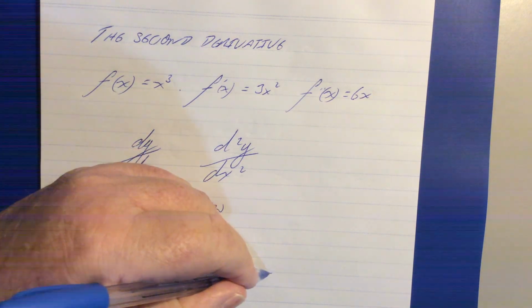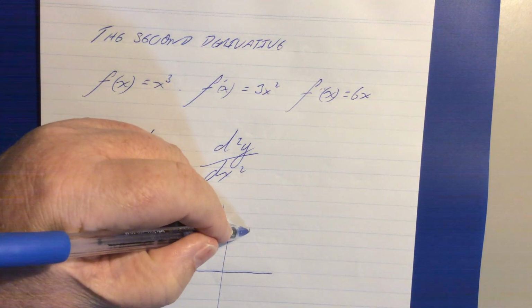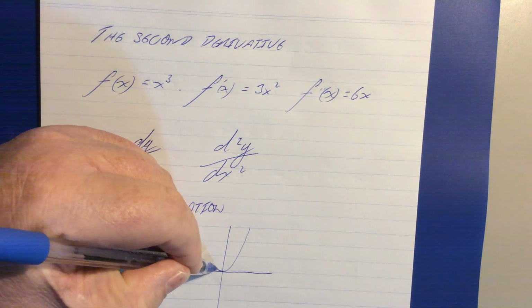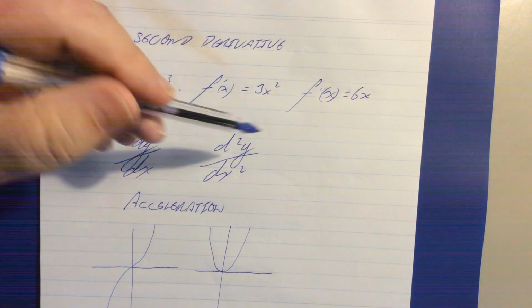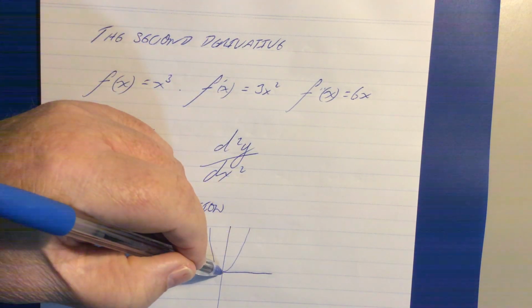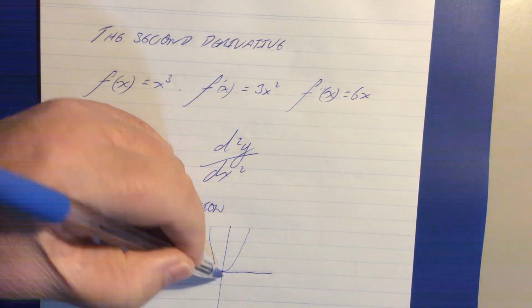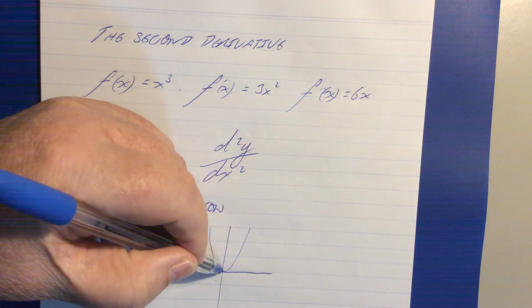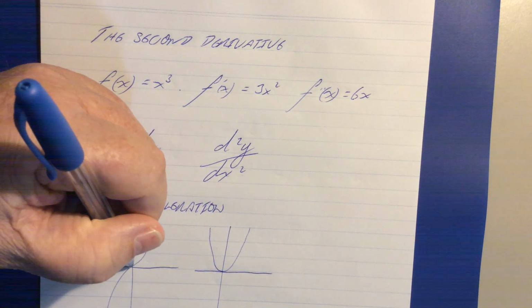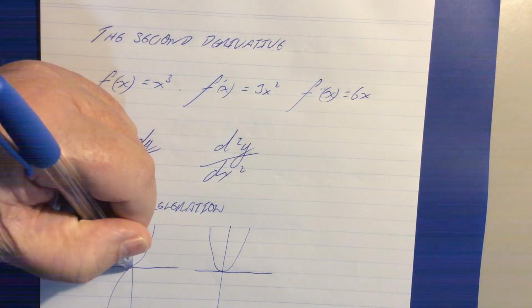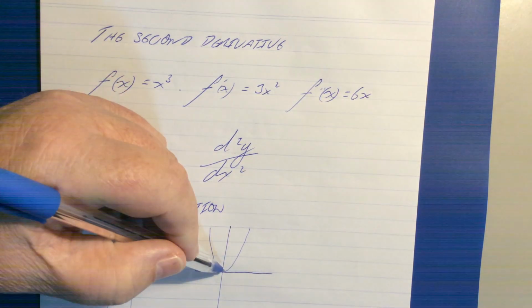Here's our derived function of that. Here we are, 3x squared. Now, down here we have the turning point of this function. It also tells us where the gradient on this is 0, which happens to be at the point of inflection.